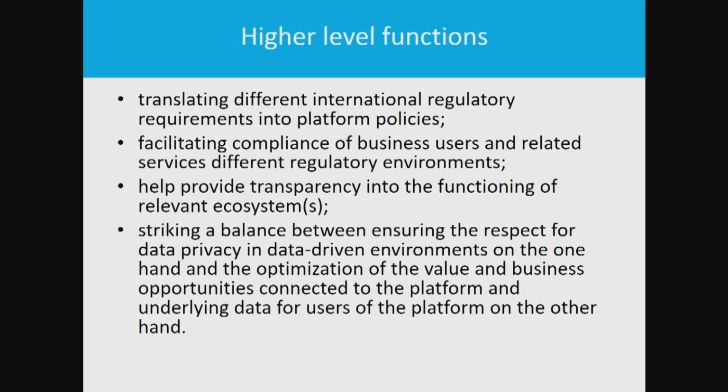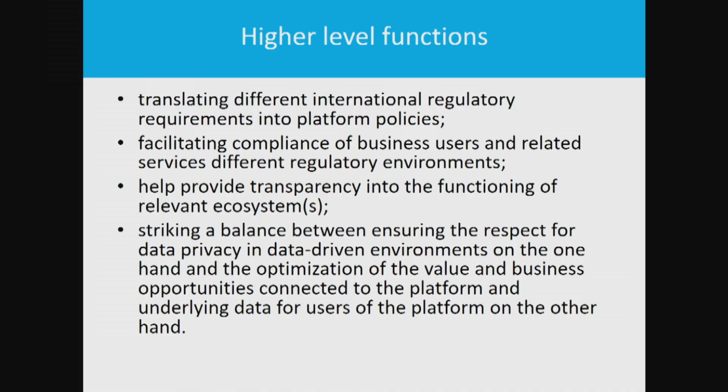But then also I think a clear role to help provide transparency into the functioning of the relevant ecosystems. That's really having a pretty good overview of a much larger set of information flows that they're maybe not directly responsible for, but they definitely have an interest in observing, policing, and monitoring.